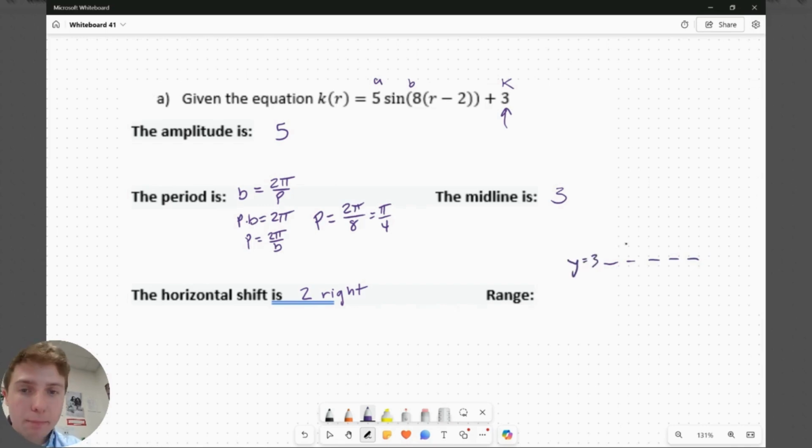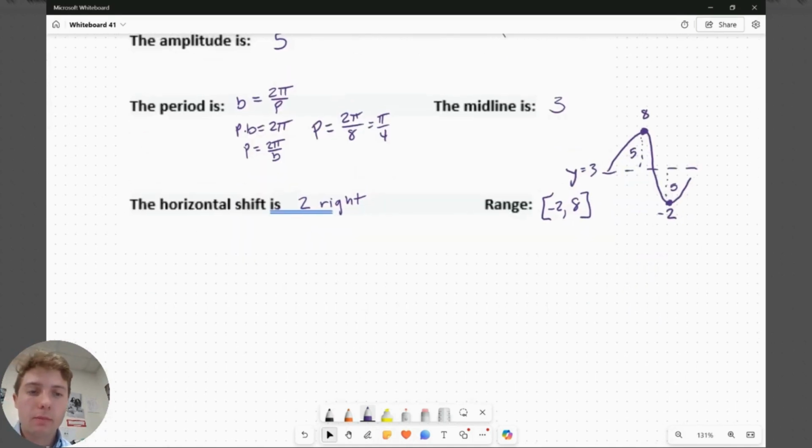I know the amplitude of my sine graph goes up 5 units and it goes down 5 units. Meaning the top of my graph would now get to a value of 8, and the bottom of my graph would now get down to a value of -2, simply found by adding or subtracting the amplitude. So our range then, minimum comma maximum, would be -2 comma 8.